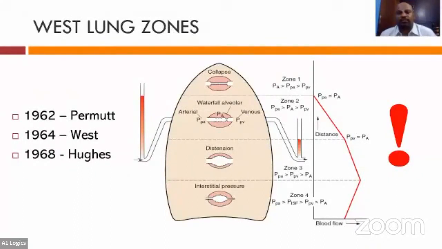It was in 1964 that West divided the lung into three zones, zone 1, zone 2, zone 3, depending on the alveolar pressure, the pulmonary arterial and the pulmonary venous pressures. And in 1968, Hughes discovered that there is one more zone, zone 4, that affects the lung ventilation clinically. So this is one diagram.